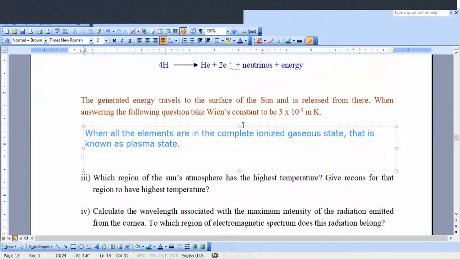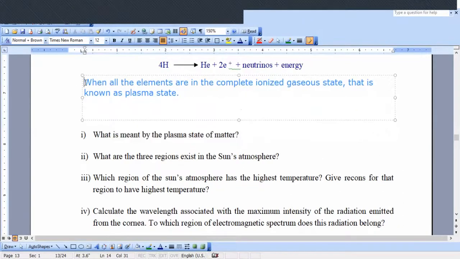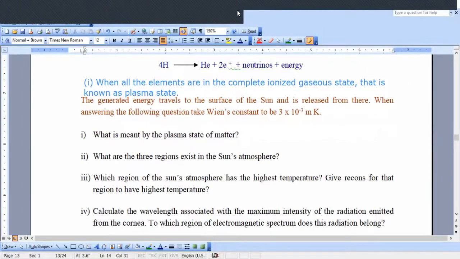They are clearly given here. If you read the paragraph, you can easily find the 3 regions that exist in the sun's atmosphere. Let's go to the paragraph and try to find.